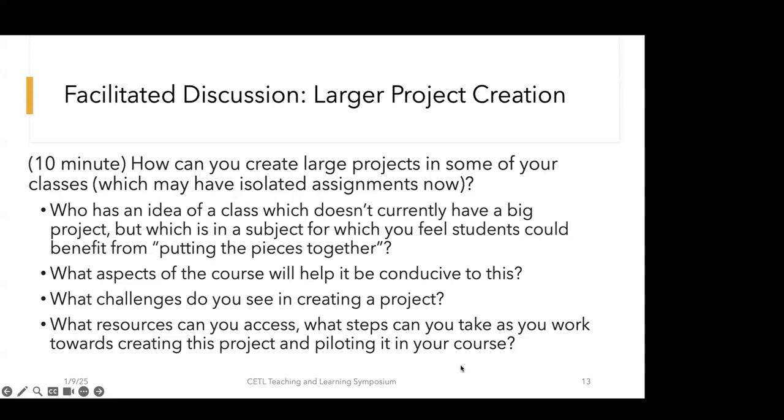So do you feel like maybe just a one-pager explanation of what's needed for each piece of the scaffolding is good enough, or should we be developing rubrics for each of those steps so they know how points are assigned for each of those scaffolding pieces? I think that's where I'm getting hung up.